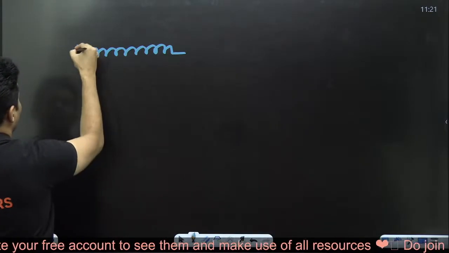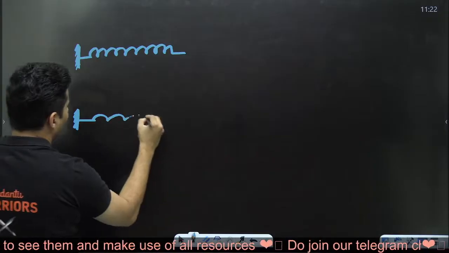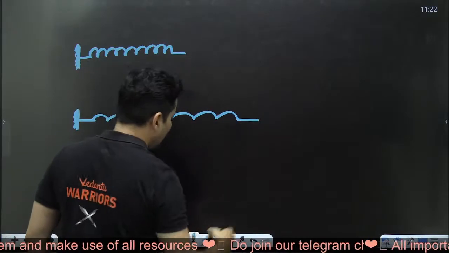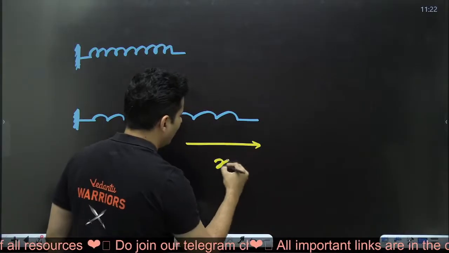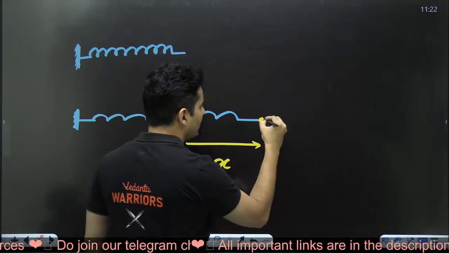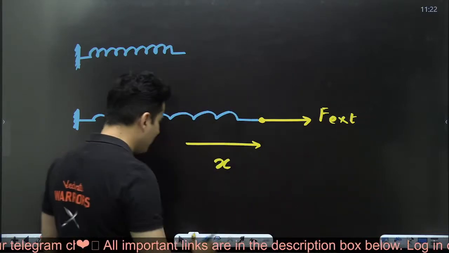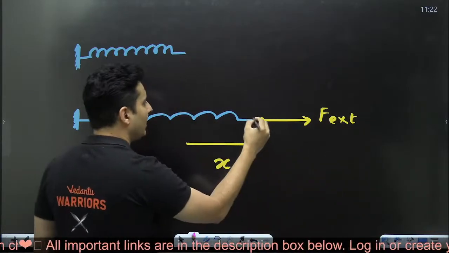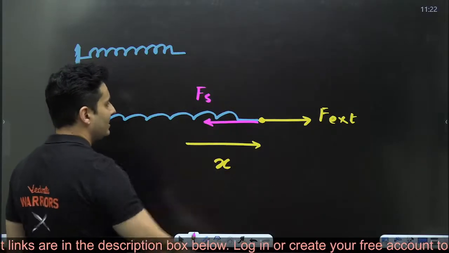So this is your actual spring. Right now it is in its natural state. I pull it and I see it gets extended by an amount of X. This happens due to an external force which is trying to deform it, and the spring will experience a restoring force Fs like this.